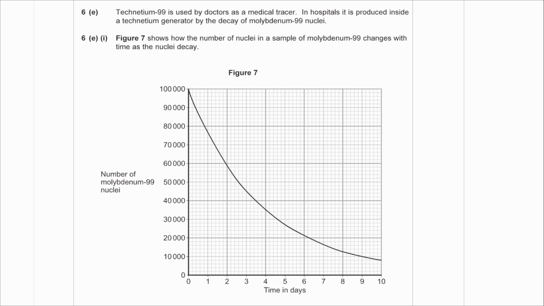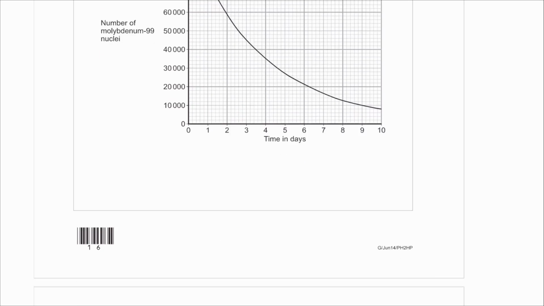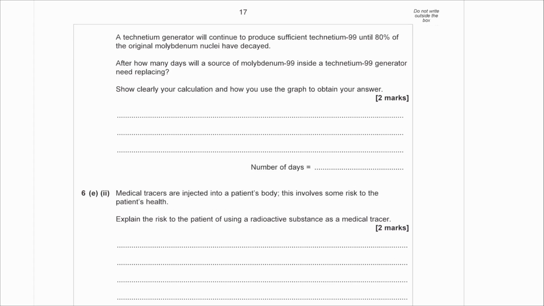It says a technetium generator will continue to produce sufficient technetium-99 until 80% of the original has decayed. After how many days will a source of molybdenum-99 inside a technetium generator need replacing? Show clearly your calculation and how you use the graph.